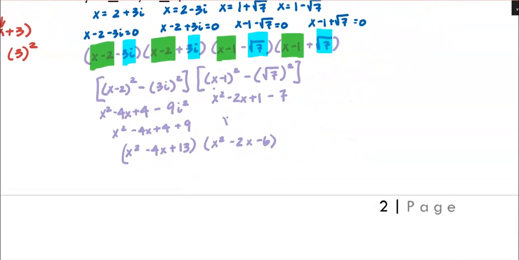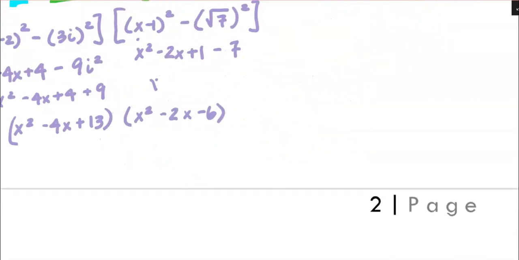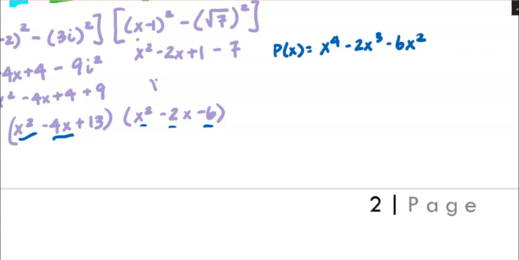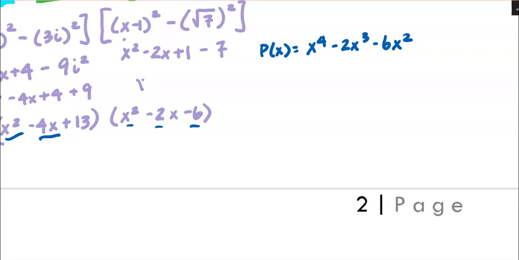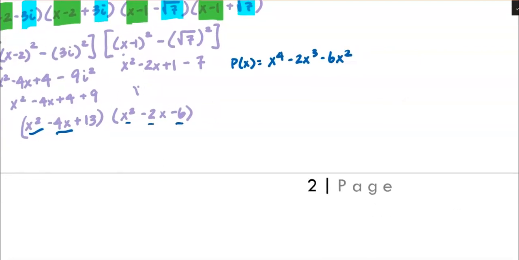And let's go ahead and try to multiply this. I had a really hard time trying to multiply this. P of x equals, start with the x squared: x to the 4th minus 2x to the 3rd minus 6x squared. I just distributed it over to these. Let's do the negative 4x. I'm going to run out of space. Negative times a negative is positive.